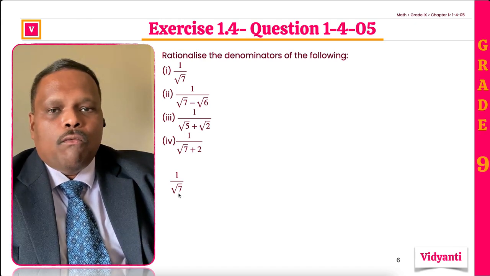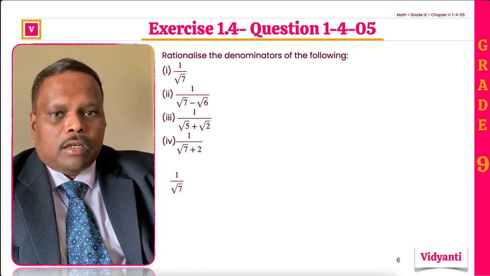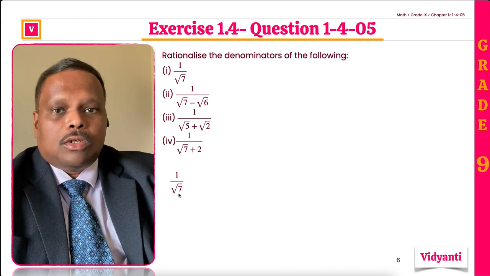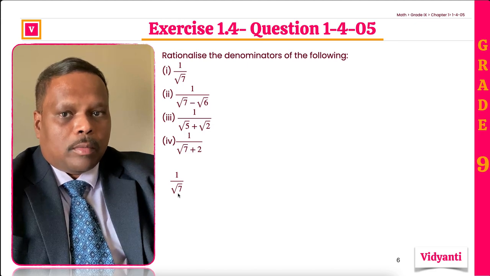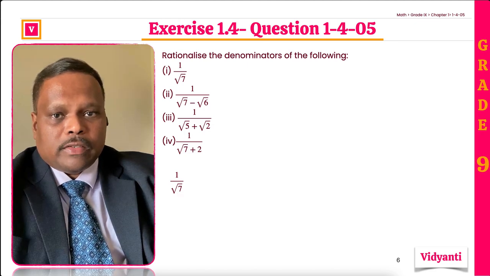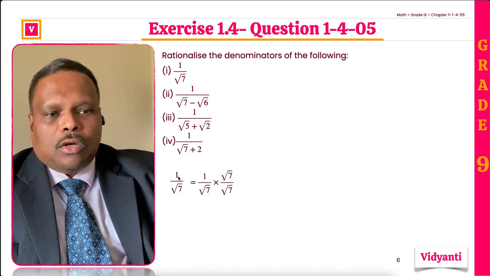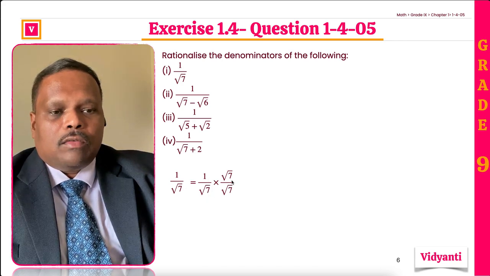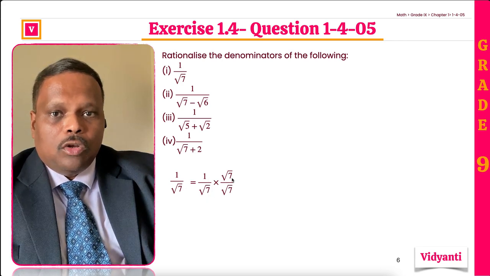If you have only one number in the denominator, you simply multiply that number to the numerator and to the denominator so that the value will remain the same. So the original fraction is taken as it is, 1 divided by root 7, and we will multiply both numerator and denominator by root 7.